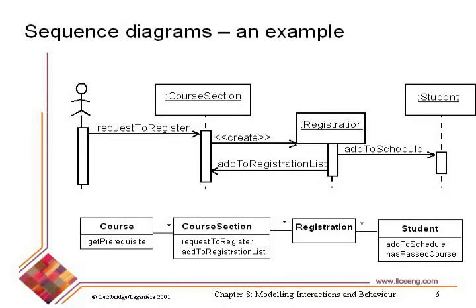You'll notice that we have course section, registration, and student from left to right. But the registration object is down below. What that means is that the first arrow that hits this is the creation point. So this is created by this create message. Okay, then what happens is the registration says add to schedule to the student object and add to registration list to the course section object.